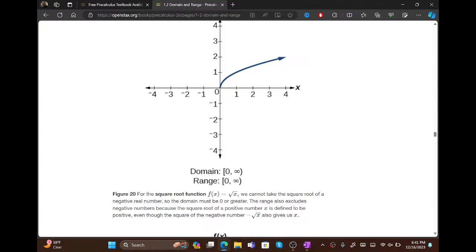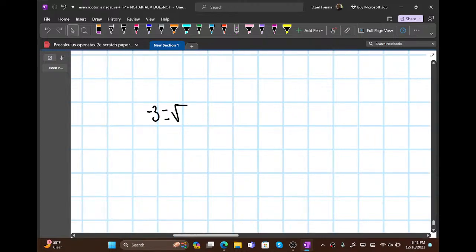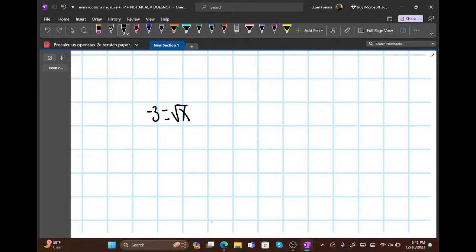Even if I were to say that -3 is equal to the square root of x, honestly, I can solve this. However, I want to strictly say that x is greater than or equal to 0.